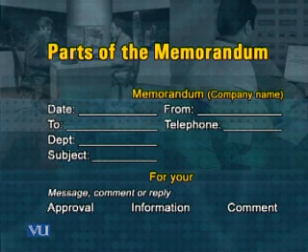In the heading part of the memo, if you look at this, we have the date at the top, and then under the date, double space below, two sections: department, and then subject. On the right side of the page we can write the company name, the firm, and then the telephone number.